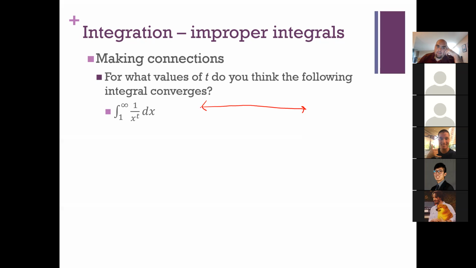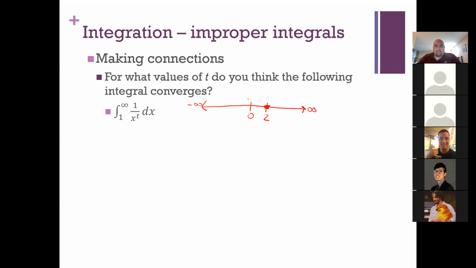This is basically a p-series, right? Does anyone else see that similarity to a p-series here? Just about. Okay, so let's throw a 0 in here. Whatever range of values we decide this is going to converge for, we've got to include 2.